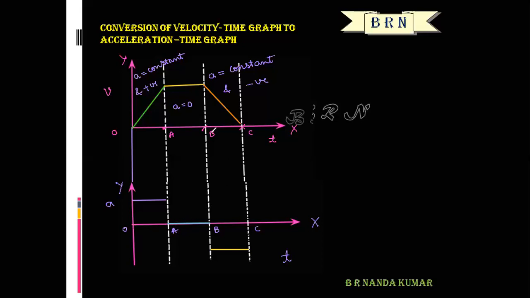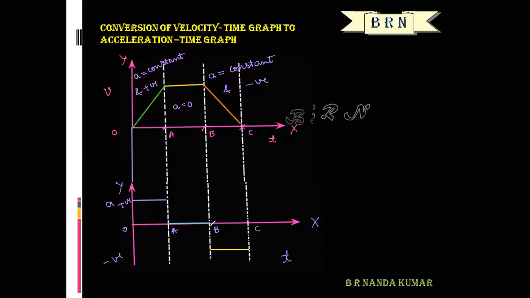After that, in the time interval B to C, the particle velocity decreases by equal amounts in equal intervals of time. That means the acceleration is constant. Now look at this graph. Time increases, acceleration is constant, but that is not positive, it is negative. So here the acceleration is positive, but here the acceleration is negative.